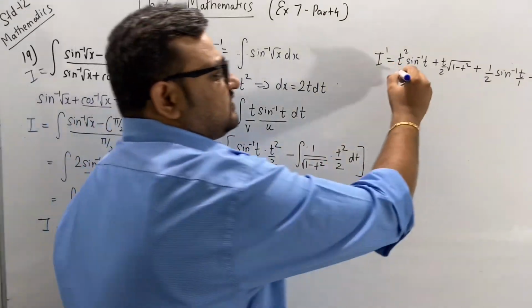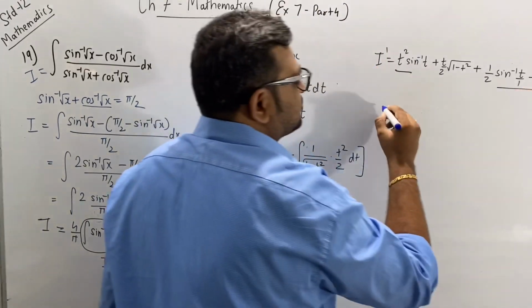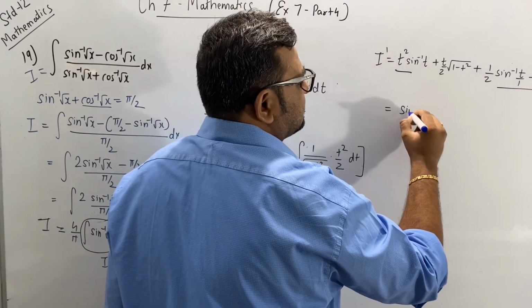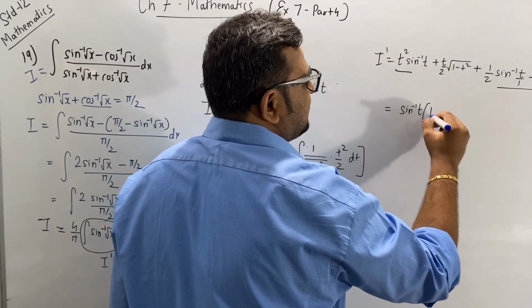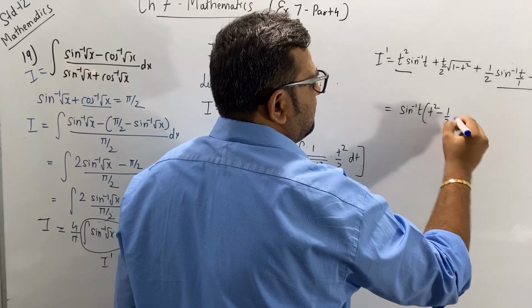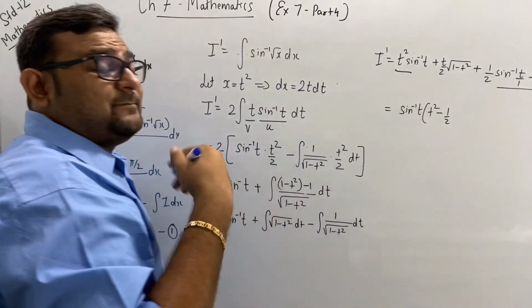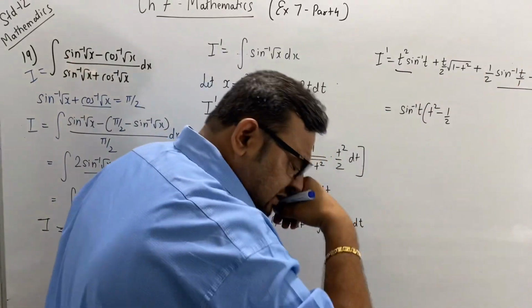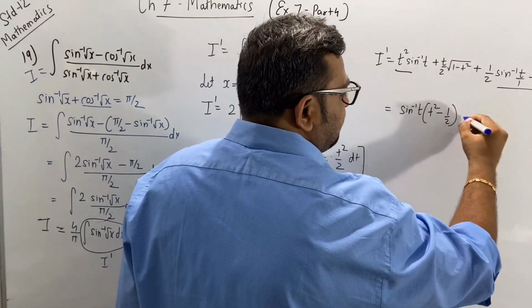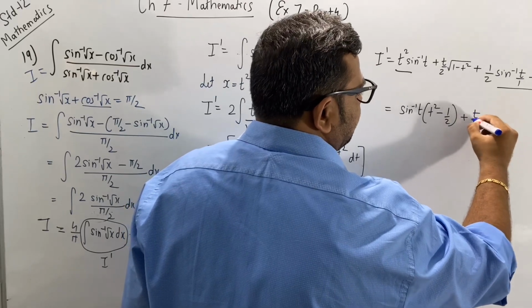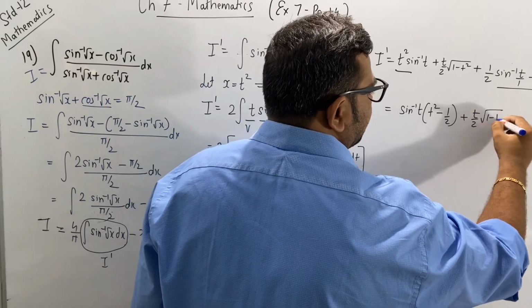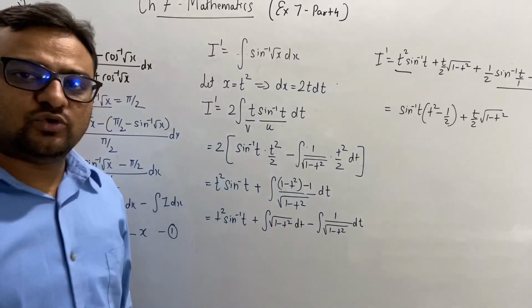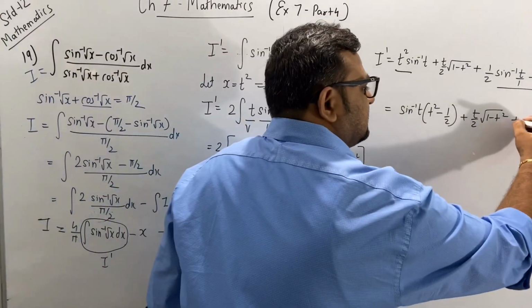So I will take sine inverse t common from this. So it will be equal to sine inverse t times (t square minus 1 by 2), plus t by 2 square root of 1 minus t square. Okay, plus c.